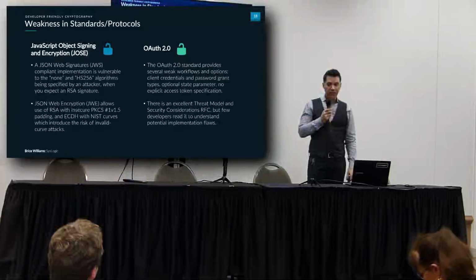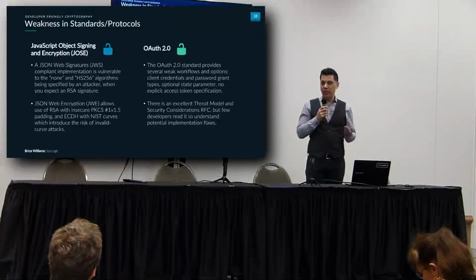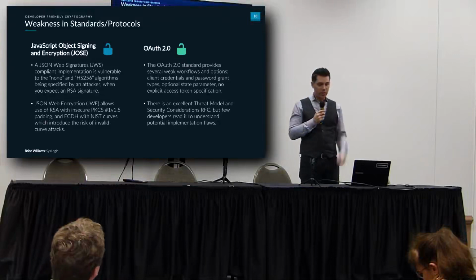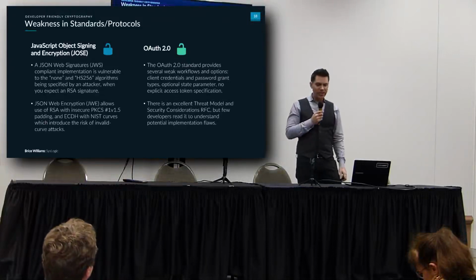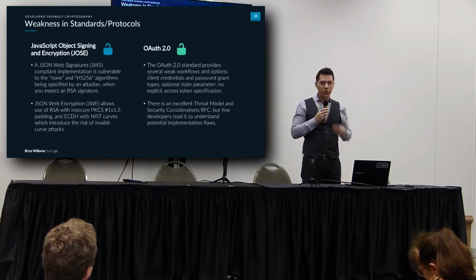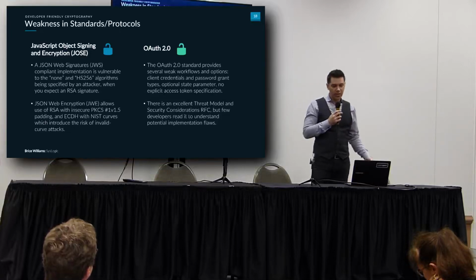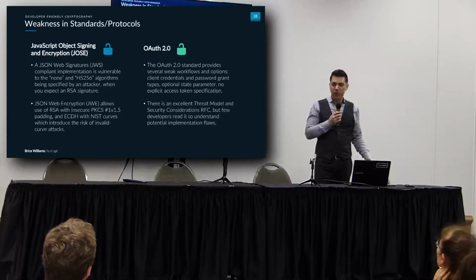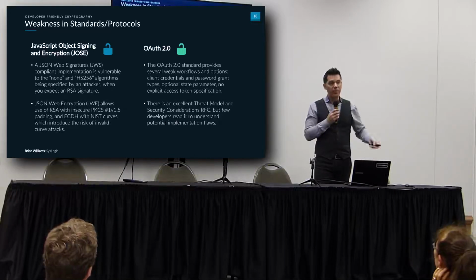There's also this optional state parameter. In the standard, it's optional, but it really should always be used. There's also no explicit access token specification in OAuth 2, so you'll see some interesting implementations as a result of that. There's just no specific guidance. So obviously, good implementations of OAuth 2 do a great job, but they're going above and beyond the standard because they have additional knowledge and experience associated with that.